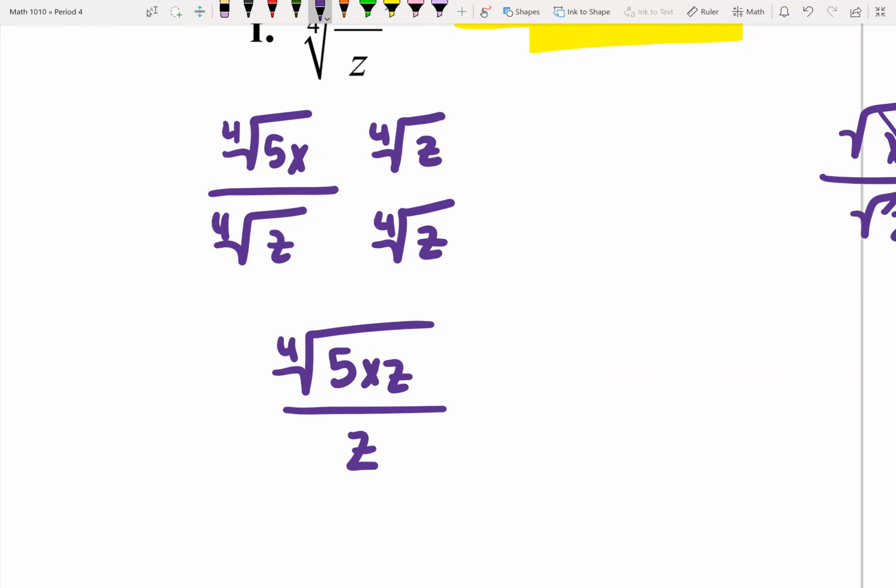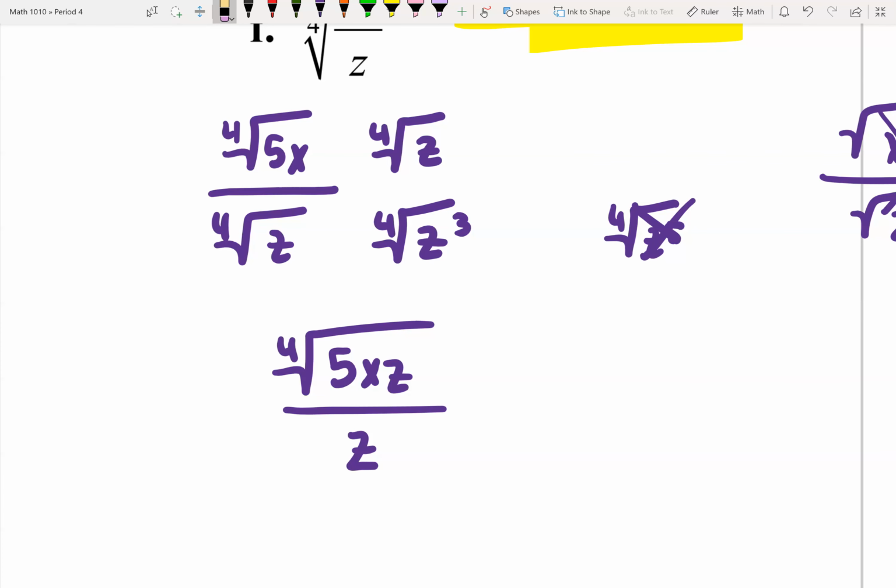So I'm going to make this the fourth root of that, not z to the 4. You're so close, honey, because if I did 4, then I'd have the fourth root of z to the 5th, which is too many. So it's not 4, it's what? It's to the 3rd, yes.